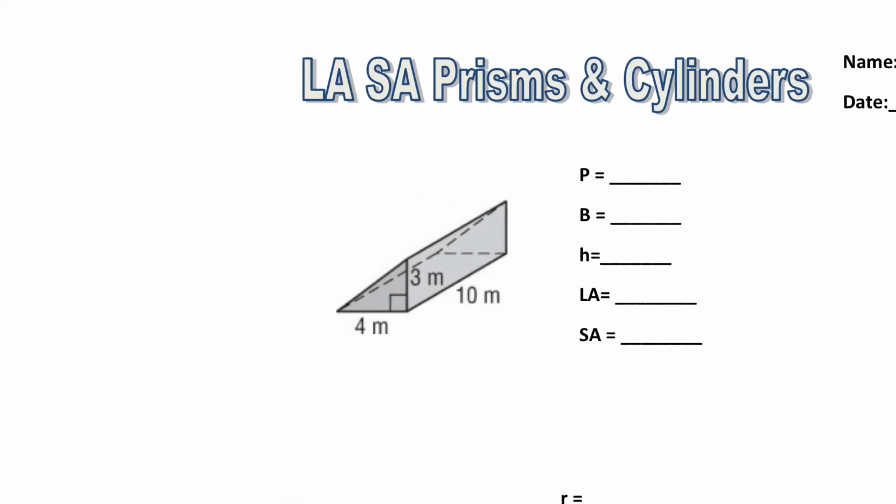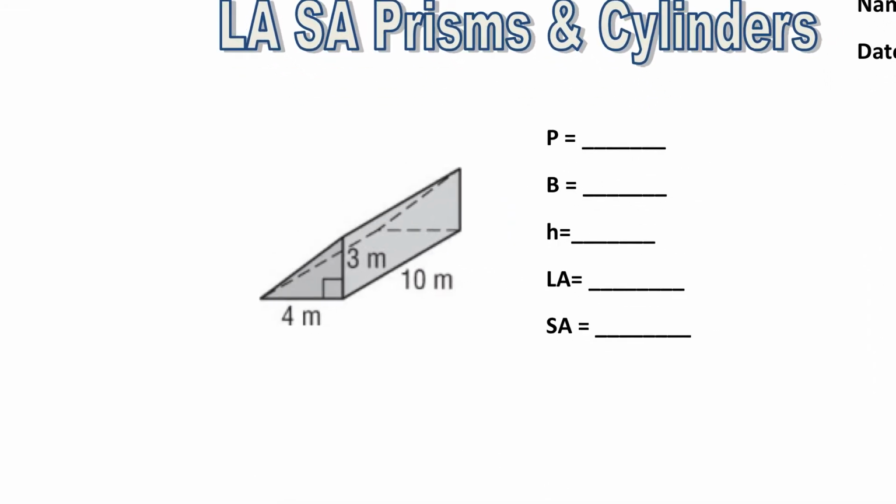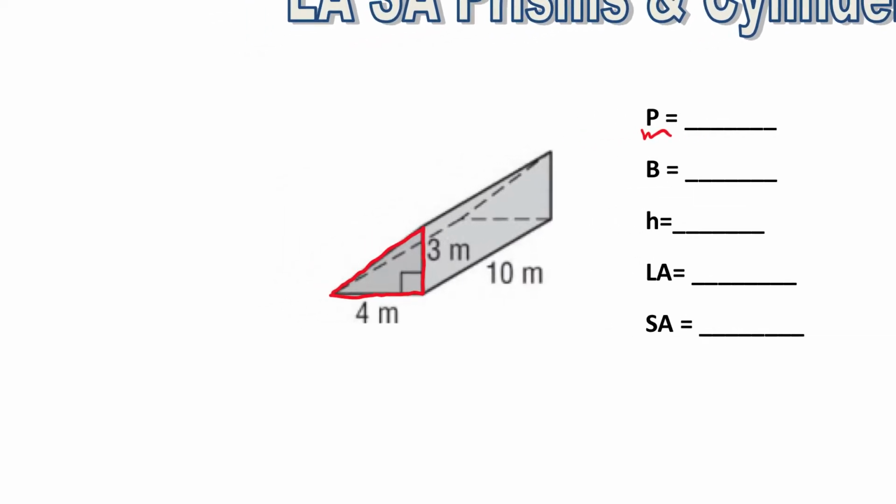Okay, so on this first one, what is this? Triangular prism. What does the capital P stand for? Perimeter of the base. So we've got to find the perimeter of this base right here. Now the problem is there's one of those sides that I don't know. Pythagorean theorem, which this is actually a Pythagorean triple.